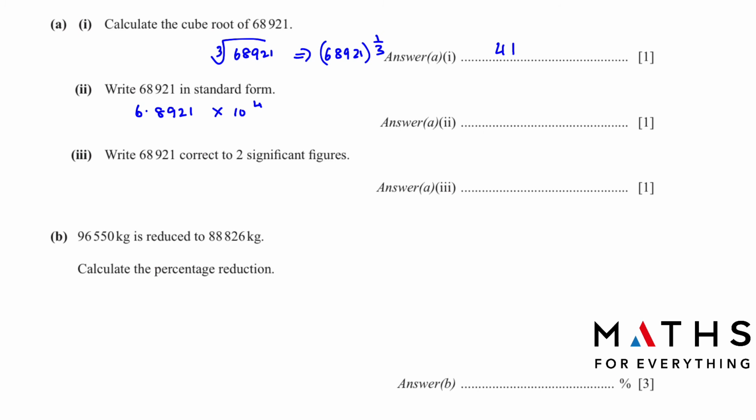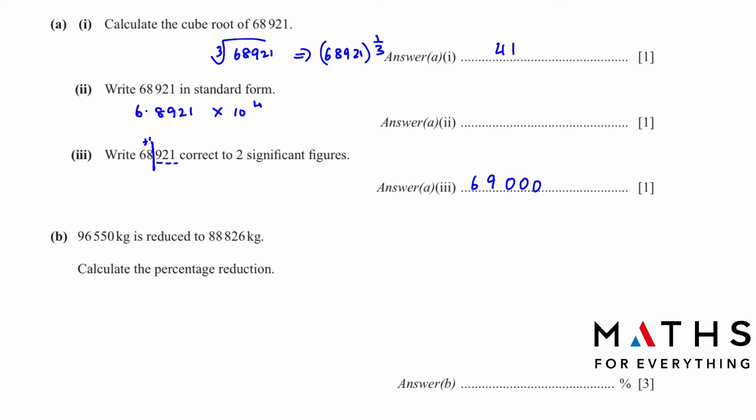If the number after whatever you want to find is 5 or more than 5, you add 1 to the number which is previous. So 6, 8 plus 1, 9. Please remember to count the digits here, 1, 2, 3. You will have that many zeros.